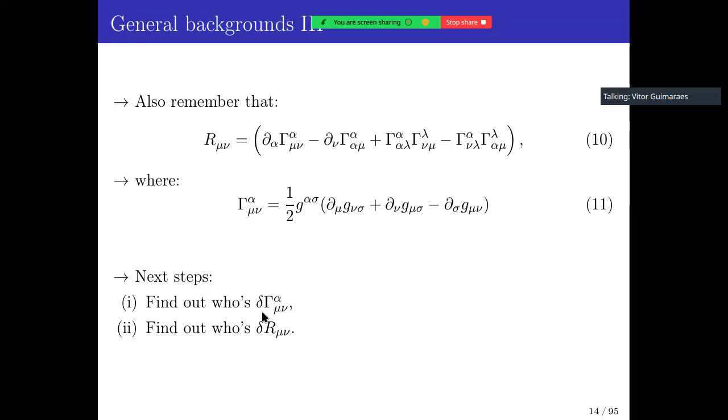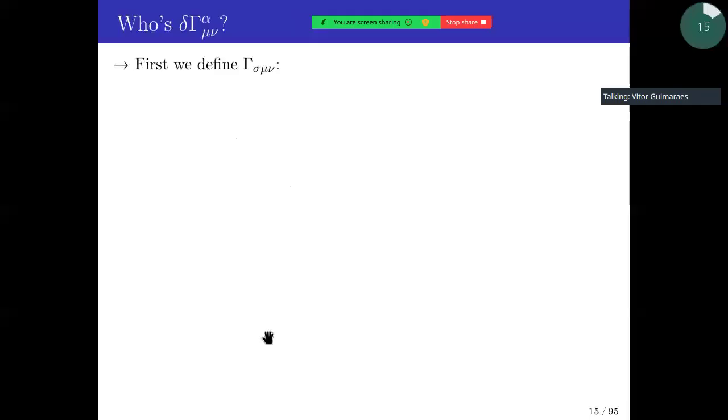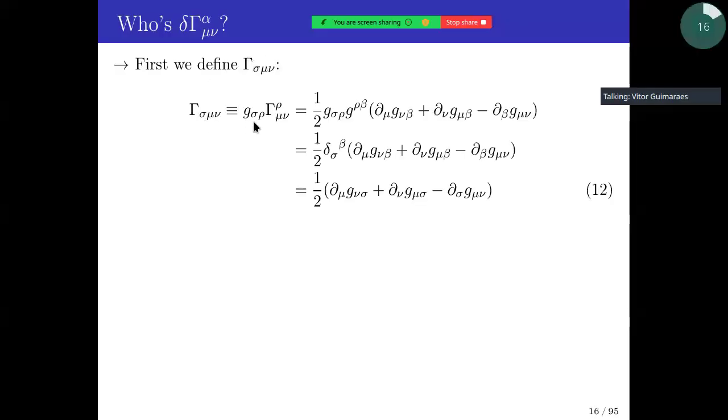So the next thing we need to do is to find who are these guys, right? Who is the delta, the perturbed Christoffel symbols, and then with this find out who is the perturbed Ricci tensor. So first we define this version of the Christoffel symbols with the upper index lowered, which we achieve by applying the metric, right? If we apply the metric to the original Christoffel symbol and contract the indices here, we get this expression.